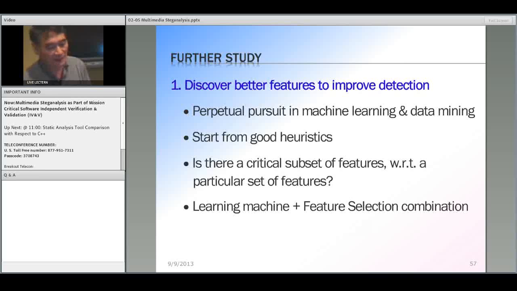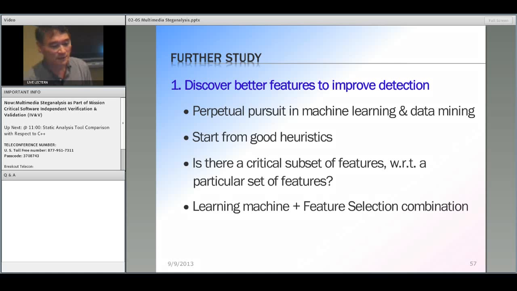Right, coming back to the general problem of detecting steganography and how it relates to software IV&V, because there are a lot of issues. Beyond including IV&V, there's a pretty significant expansion of the traditional activities.